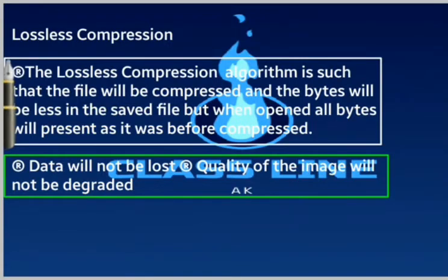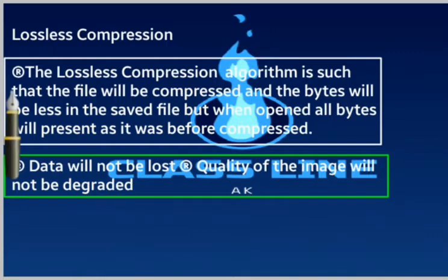Lossless compression. The lossless compression algorithm is such that the file will be compressed and the bytes will be less in the saved file, but when we open it, all bytes will be present as they were before compression. Its advantages and features are: data will not be lost, and quality of the image will not be degraded.